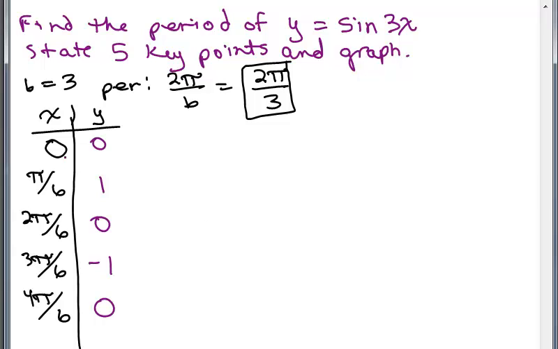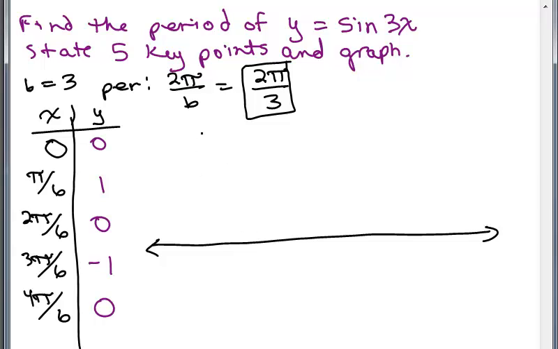But if we're changing these ordered pairs, we should be able to get those 5 key points that we normally get on the y-axis. So now we're ready to graph the function. Right? I've got it going from 0 to 4 pi over 6 or 2 pi over 3. It doesn't matter.